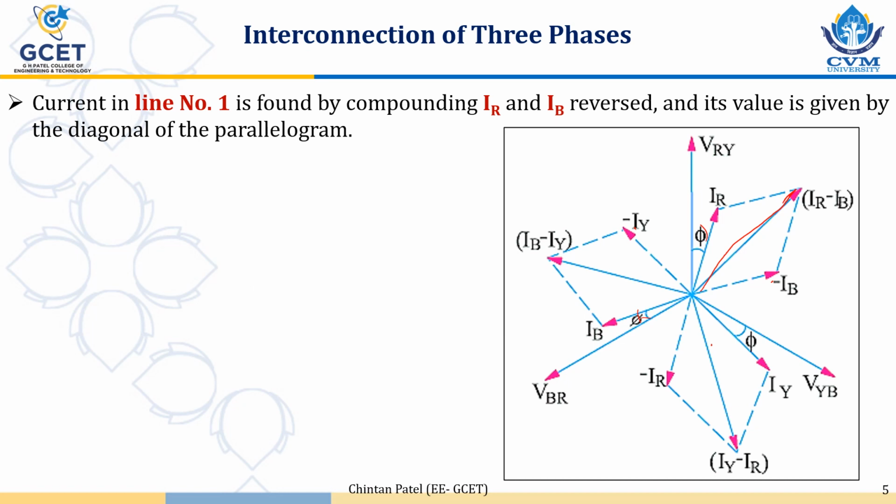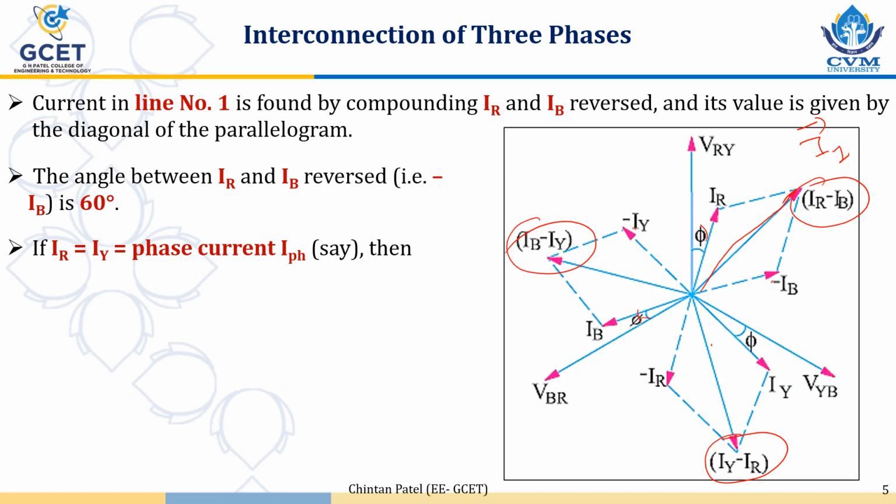So this is IR, this is minus IB, and it is nothing but IR minus IB, and it is denoted by I1 vector. Similarly, IY minus IR is I2, and IB minus IY is I3. And these three currents are the line currents.